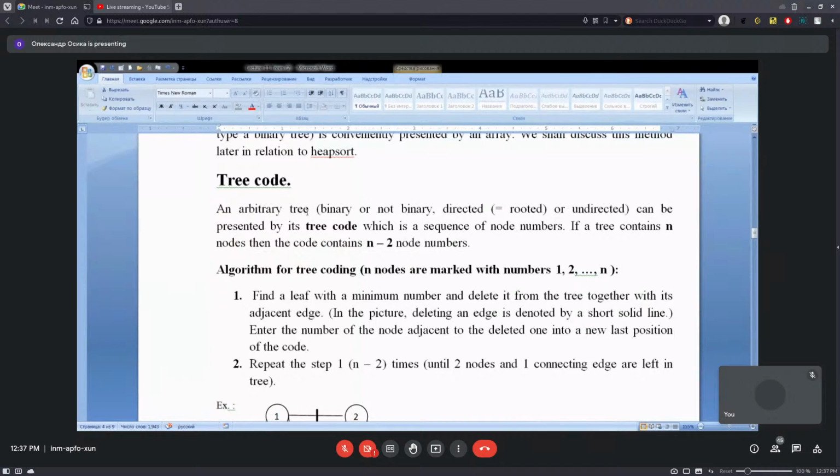An arbitrary tree, binary or not binary, directed, meaning rooted, or undirected, can be presented by its tree code, which is a sequence of node numbers. If a tree contains n nodes, then the code contains n-2 node numbers.